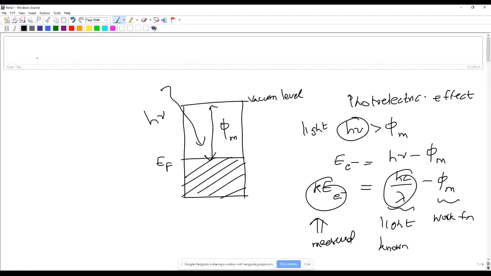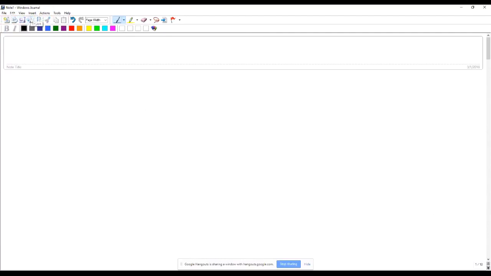Tunnel junctions are interesting in that I don't talk about them in the course, but it is actually very easy to understand tunnel junctions once you use these energy band diagrams. Okay, so let's get a new page here.